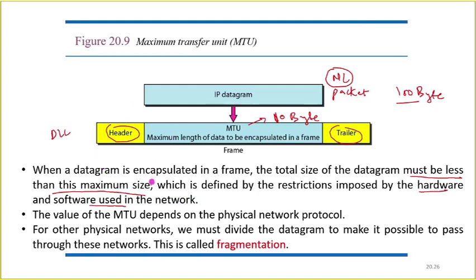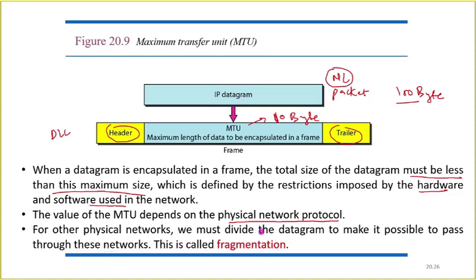The value of the MTU depends on the physical network protocol. For other physical networks, we must divide the datagram to make it possible to pass through these networks. This is called fragmentation.